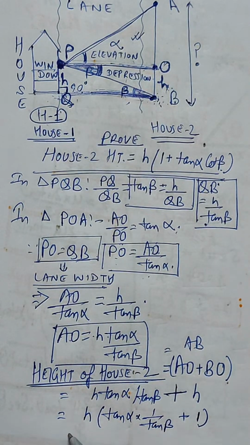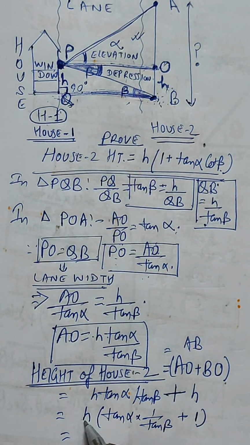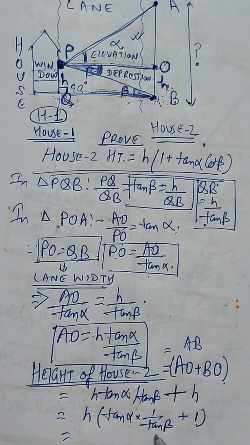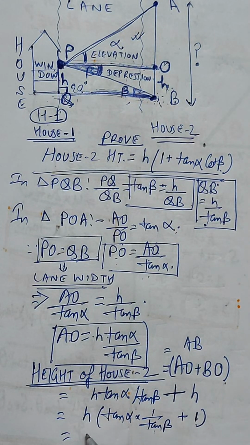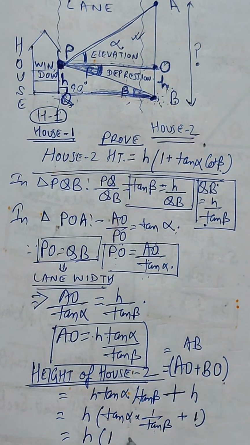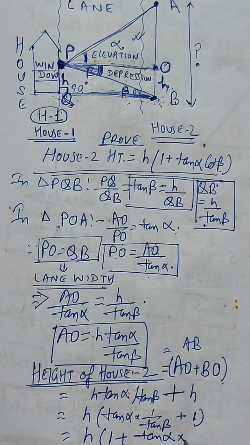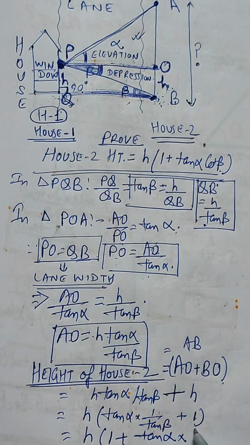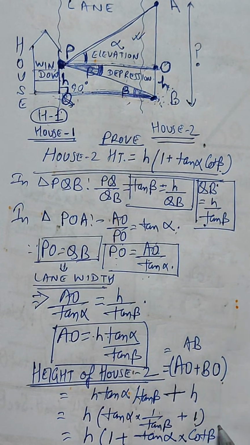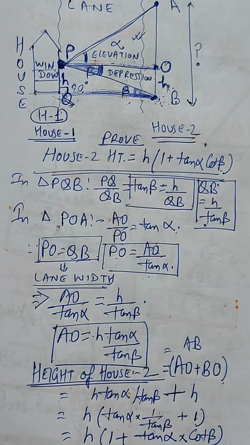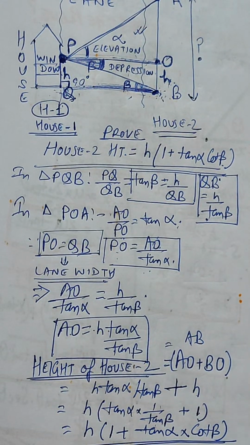This will give you H times, tan alpha into 1 by tan beta, and 1 by tan beta is cot beta. So just take the first one as the first term, then we can write H times 1 plus tan alpha into cot beta.